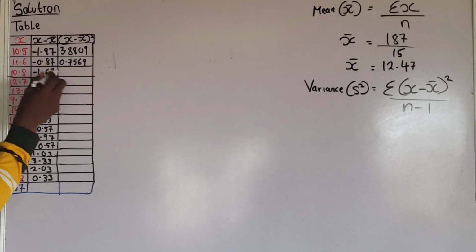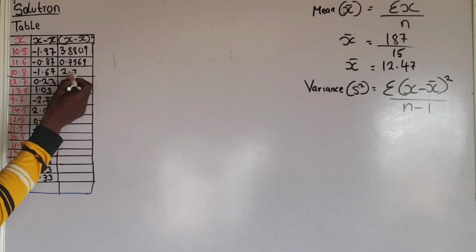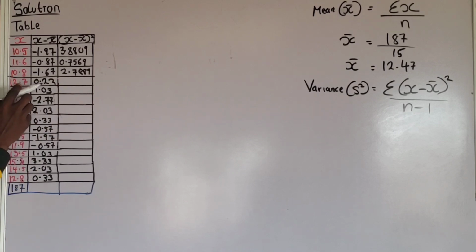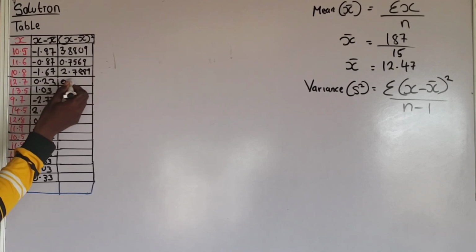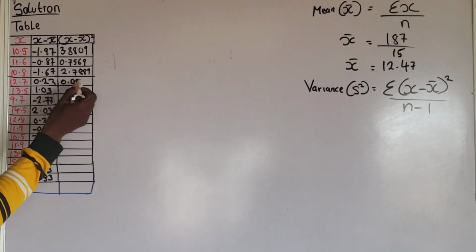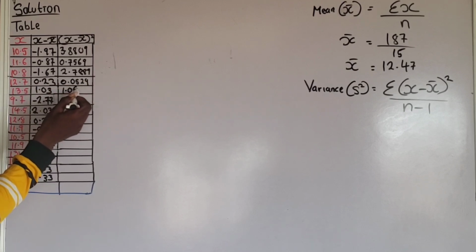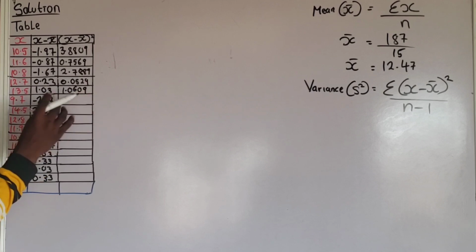That will be 2.7889. For this, I'm going to square 0.23. That will be 0.0529. So here 1.03 squared will be 1.0609.